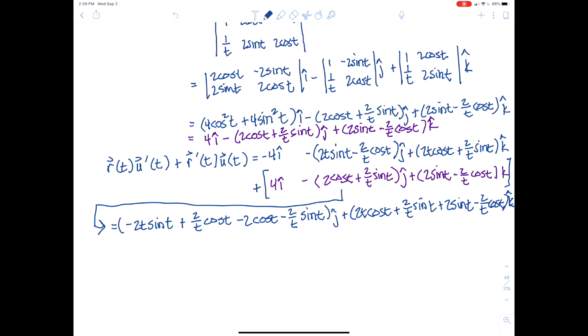And let's see if there's anything we can factor out to make it prettier. I don't know that it's going to look all that pretty, frankly.